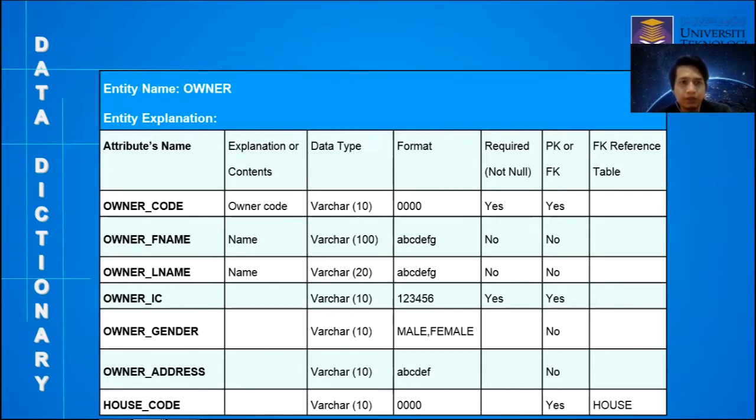So in this owner table, the owner code is the primary key, and it must have a value, so not null. The owner first name and last name can be null values, but owner IC cannot be a null value. And owner IC is also a primary key.